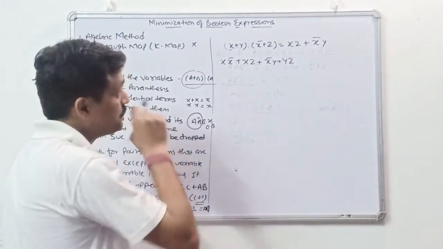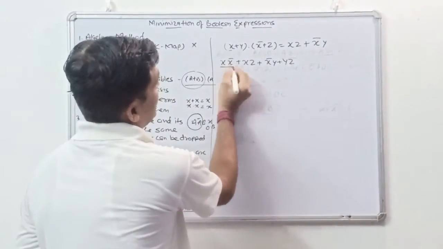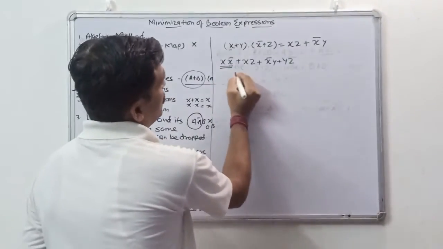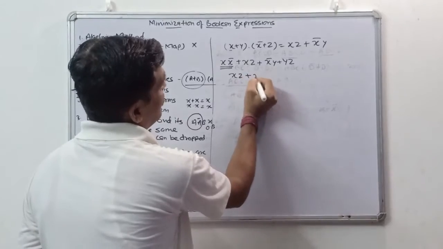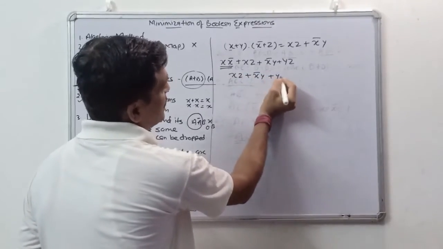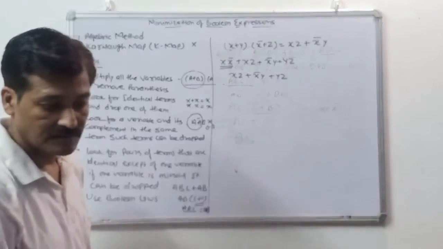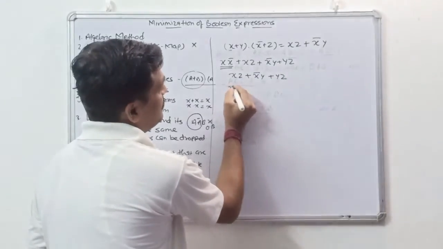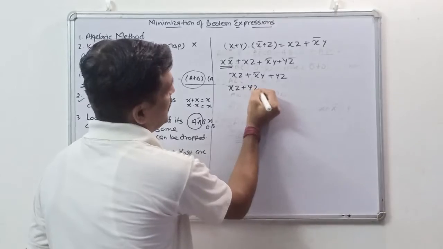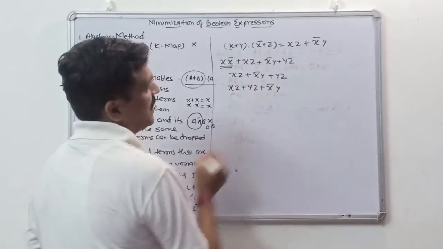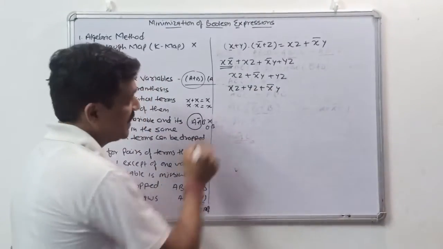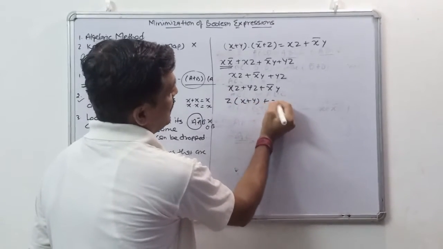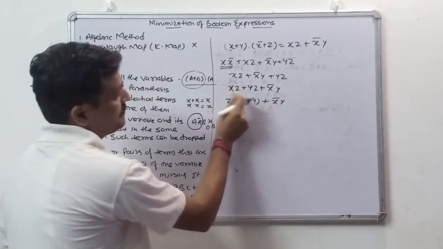Look at it. x x bar is dropped, as x into x bar equals 0. So what is left is xz plus x bar y plus yz. We can rearrange the terms: xz plus yz plus x bar y. There z is taken common: z into x plus y, plus x bar y.